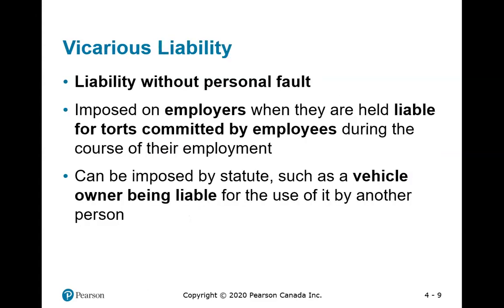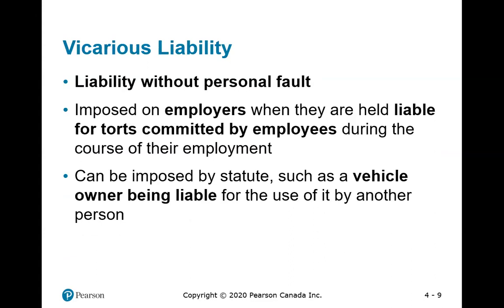Vicarious liability. We also saw this, or did we see? No, we did not. So vicarious liability, what is this? This is when one party that is not at fault is liable for the wrongful conduct of another.